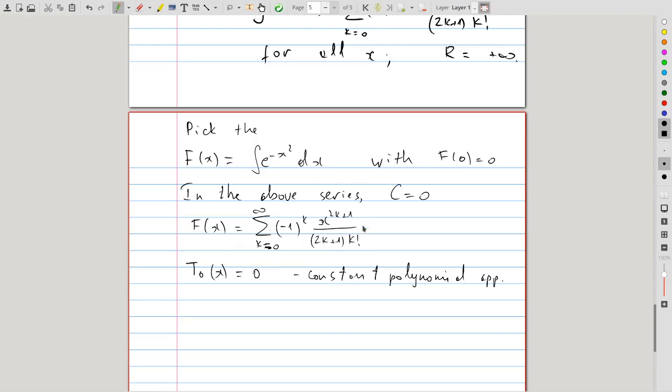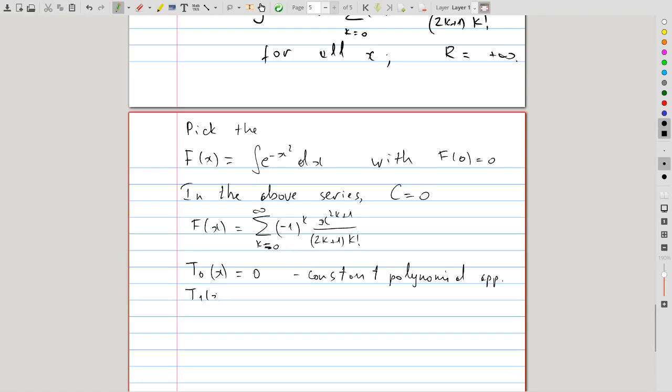So that's because this indexing here is over odd powers, and when we say Tn of x, we mean the nth degree polynomial, and so that is why, even though when you plug in k equals 0 into the series, you get a linear term, we are saying that t0 is 0. It's the constant that approximates our function at 0, which of course must be 0.